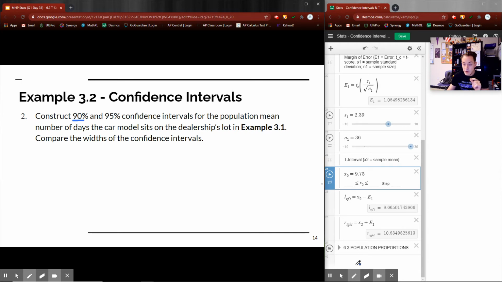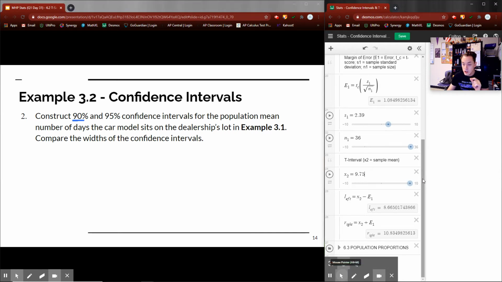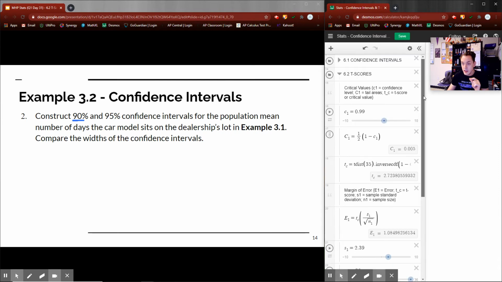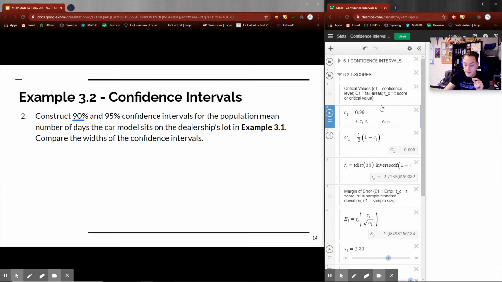Ready? So now what I do is go over here. I just go up and change this 99 to a 90. Again, everything stays the same. I now want to construct a 90% confidence interval for the population mean number of days for the car model that sits on the dealership's lot. And I just want to compare the widths and just see what it is.